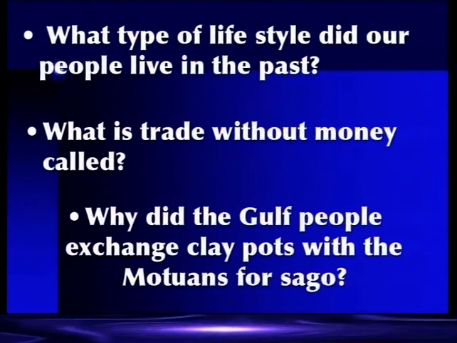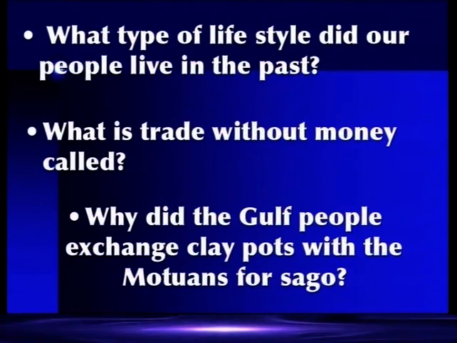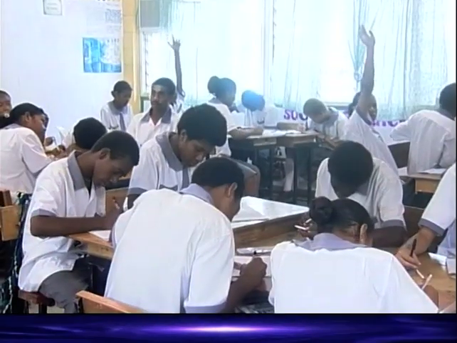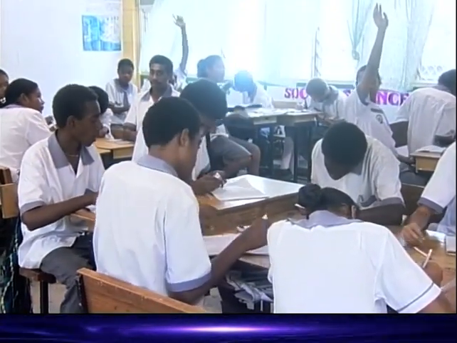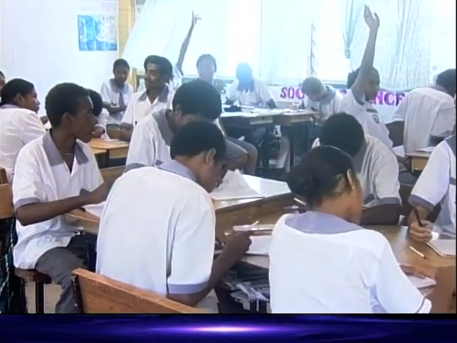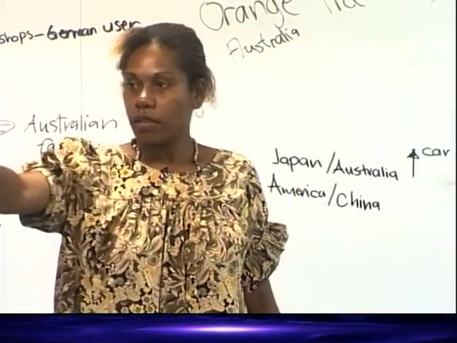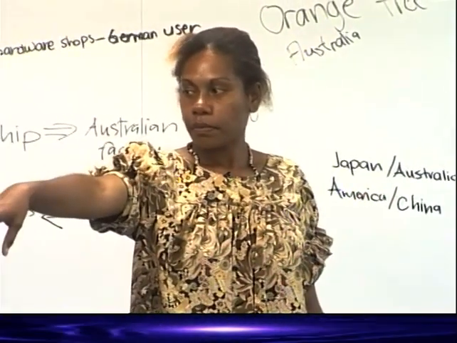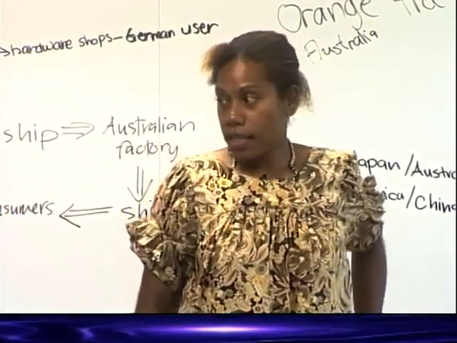What is trade without money called? Now most of our people, they didn't trade with money. Okay, they traded with goods, goods for other goods, or they exchanged goods for other goods. Okay. One from this row here, this group, please.